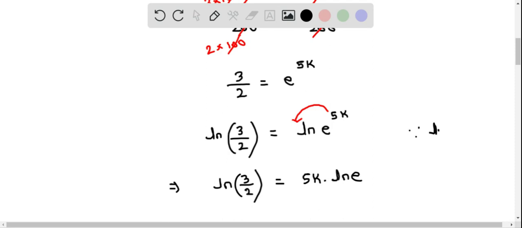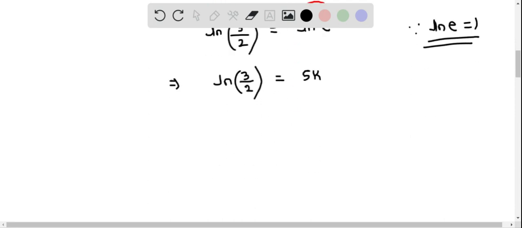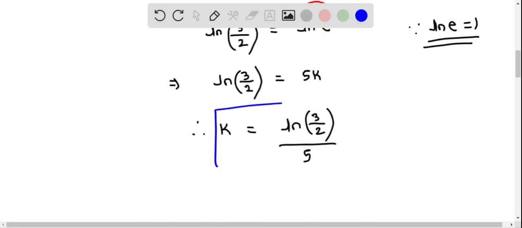Notice that the natural logarithm of e is exactly equal to 1, so we can replace it with 1. 5k times 1 is just 5k, so we only have 5k on the right side. Now we divide both sides by 5 so that we get the value of k. So k equals the natural logarithm of 3 by 2, divided by 5.